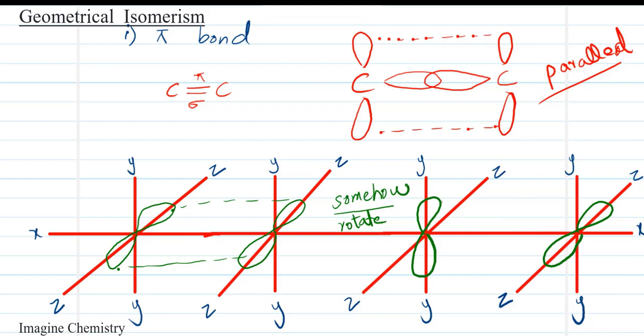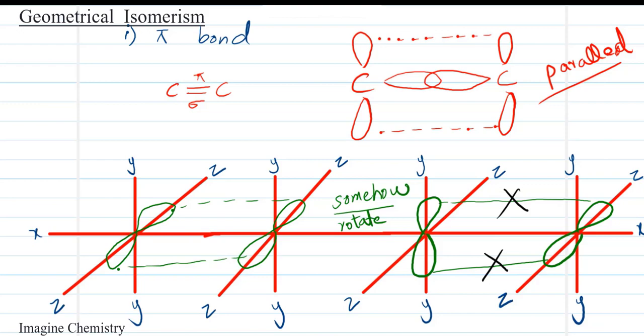Now you must know that these three axes, x, y, and z, are always perpendicular to each other. So now this overlap cannot occur, because these two p orbitals are not parallel to each other.